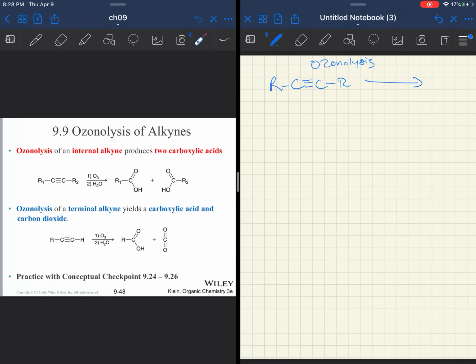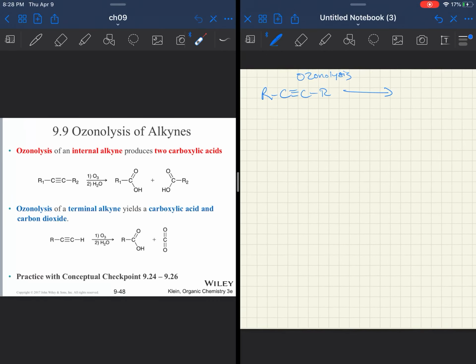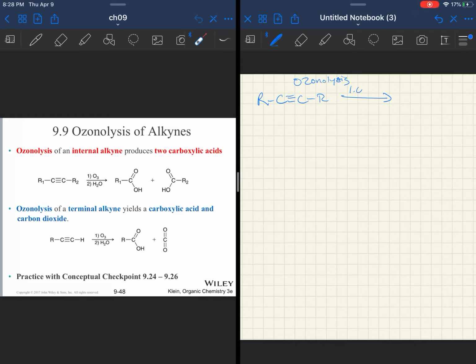Ozonolysis. This is another one that we saw with alkenes, but it's going to be a little bit different with alkynes. So we'll start off with an internal alkyne. The reagents are very similar: O3, but instead of DMS, this needs an even less reactive reducing reagent. You can just work it up with water.